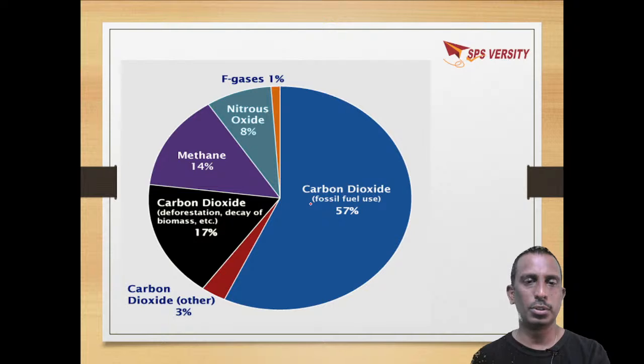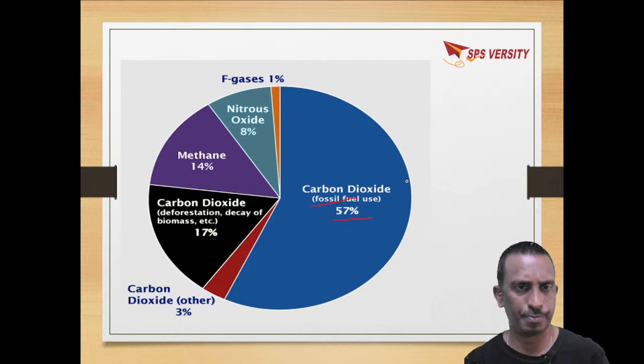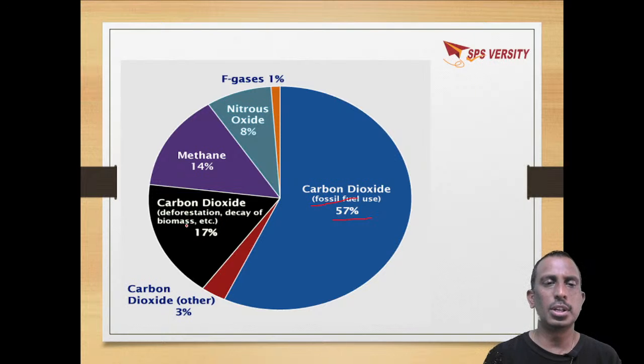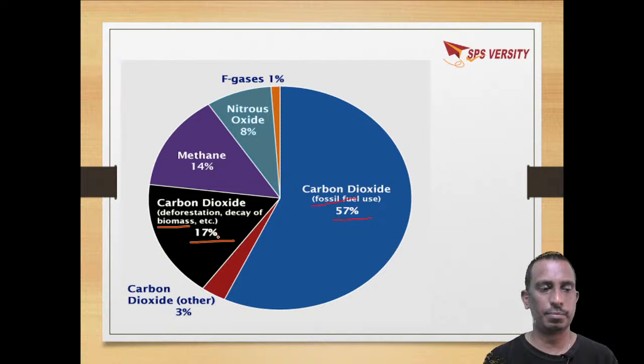By burning of fossil fuels, 57% of carbon dioxide is released. By deforestation and decomposition of biomass, 17% is released. Along with this, methane and nitrous oxide account for 8%. These are all greenhouse gases, and CFCs constitute 1%.